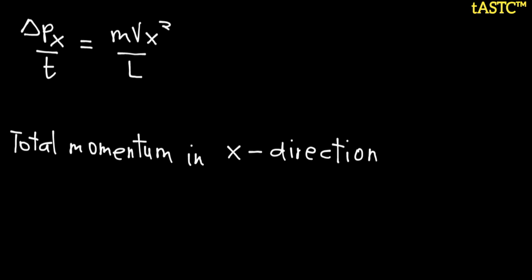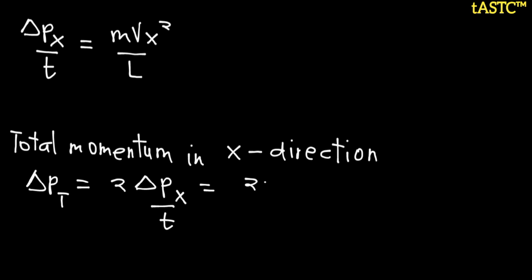So I'm going to write it as dp sub t, and that will be 2 multiplied by dp sub x divided by t. I know that should happen because the thing that would happen on one face of the cube is the same thing that would happen on the other side. So this is going to be 2mvx squared divided by L.